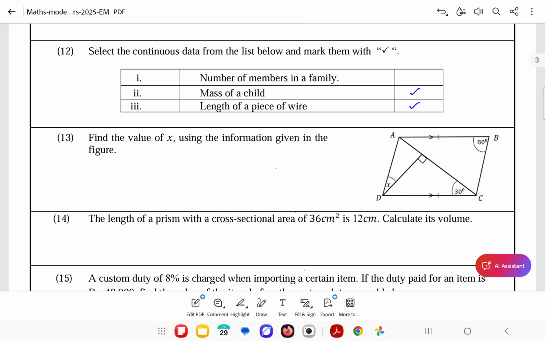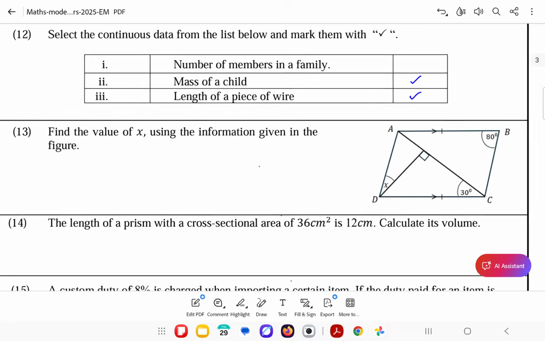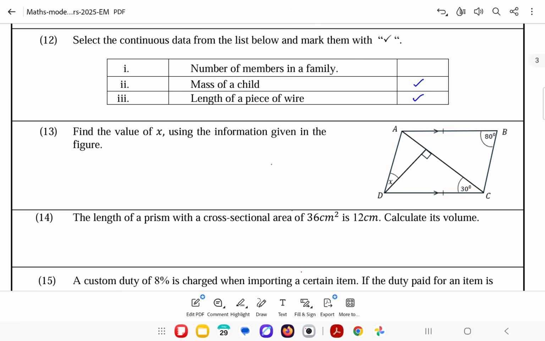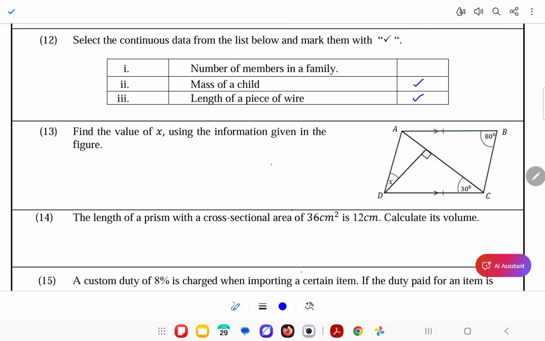Then find the value of x using the information given in the figure. So we are given this figure in question number 13. We have to use it to find x, right? This angle. So what is given? AB is parallel to DC and AB is equal to DC.